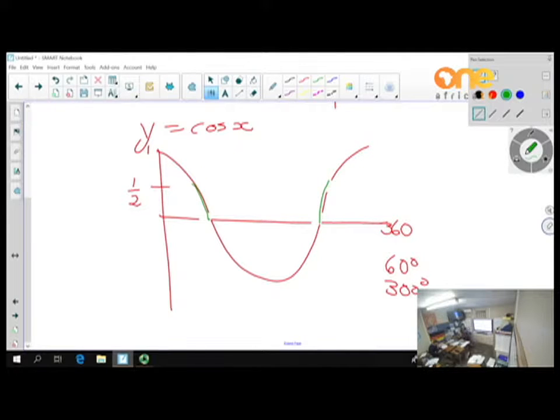And between 90 and 360 degrees, which means this part is out because this is 90 degrees. There's your 90 degrees. So we are looking for this part. Here is negative a half. There's the 0. So we're looking for that part there.